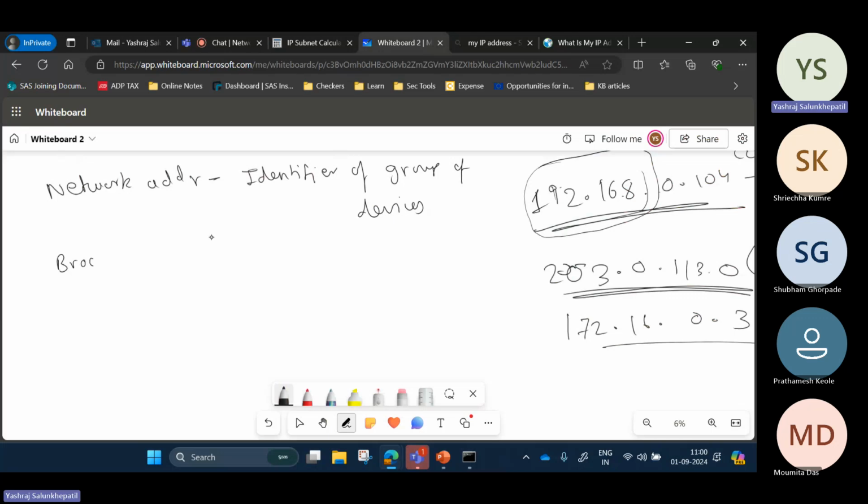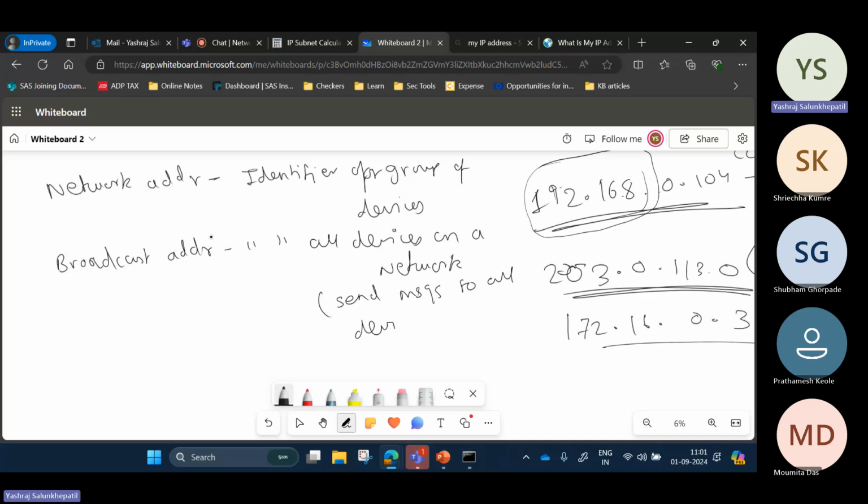And broadcast address is identifier for all devices on a network. Used to send messages to all devices in a network. Okay.